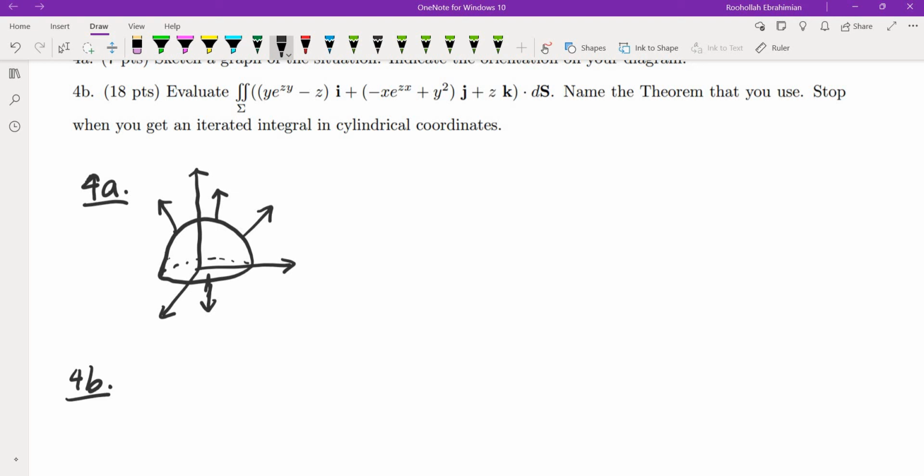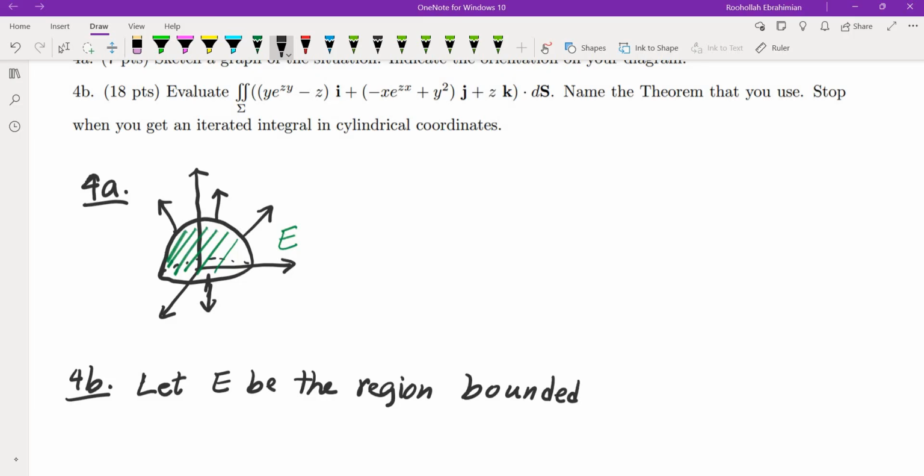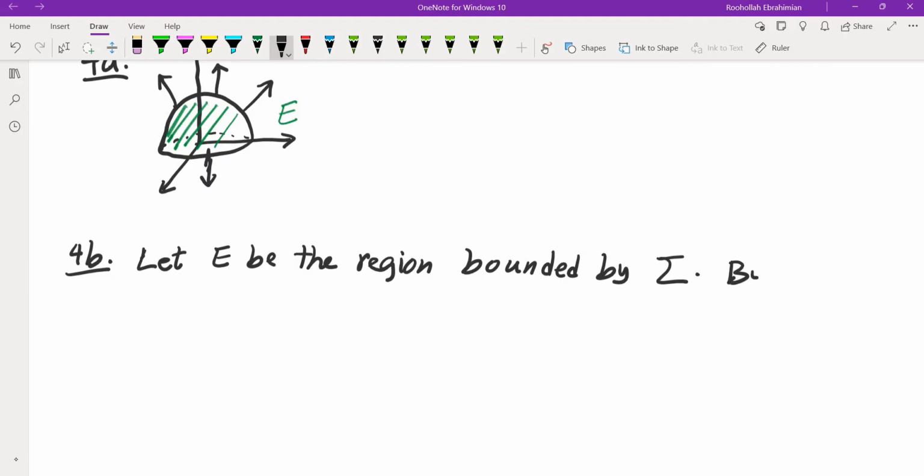Because it's a closed surface, we can evaluate that using the divergence theorem. So let E be the region bounded by sigma. So we're going to apply the divergence theorem.